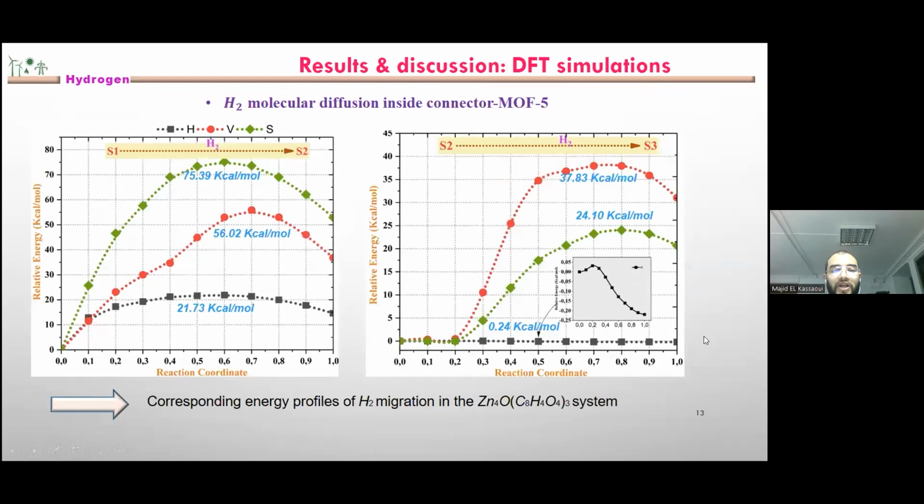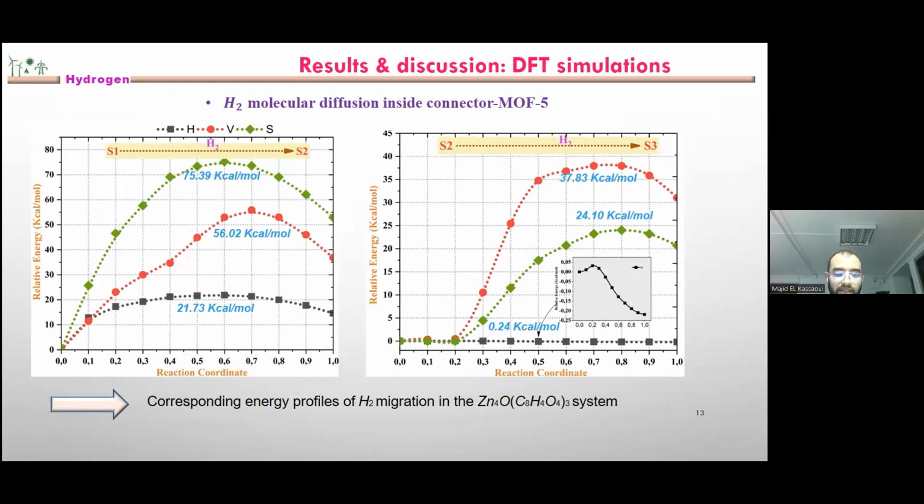There is another parameter. This is the H2 kinetics, or the migration between the adsorption sites on the surface or inside the connector, which plays a crucial role in kinetic stability.